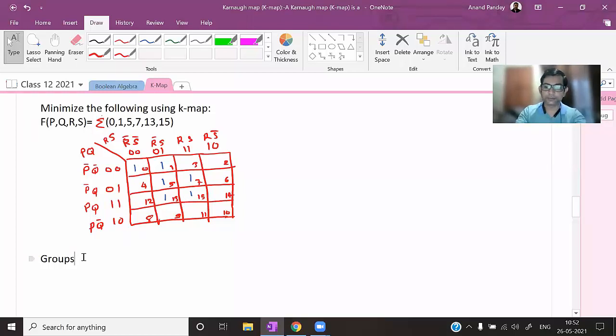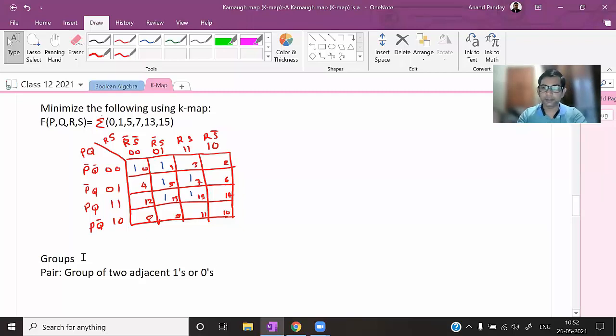Now write down these groups. There are 3 types of groups we have to make. First is pair. Please write down pair: a group of 2 adjacent ones or zeros.